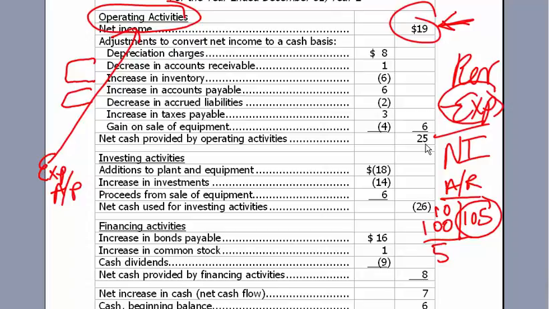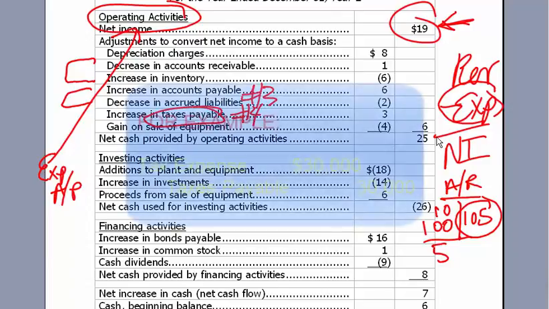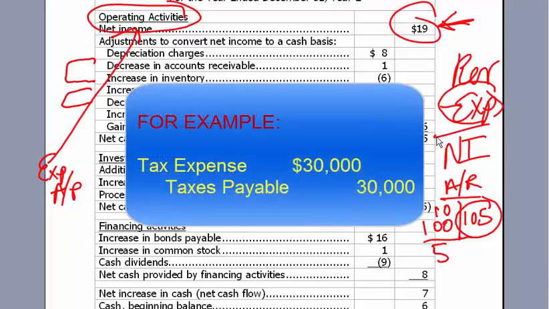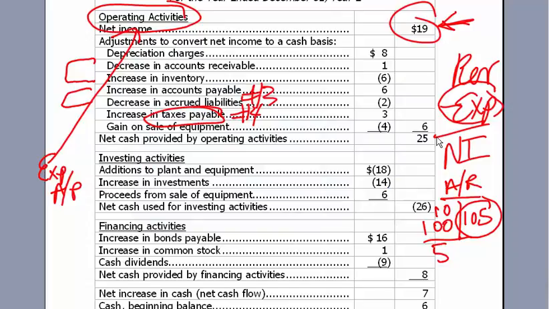The fourth rule is taxes payable, and taxes payable are the same as step number 3. So step number 4 and step number 3 are basically the same. They just separate out taxes. So if your taxes payable increases, you have more cash because you're not paying your taxes. You'll have recorded the expense, but you will have not used that money for the payable.